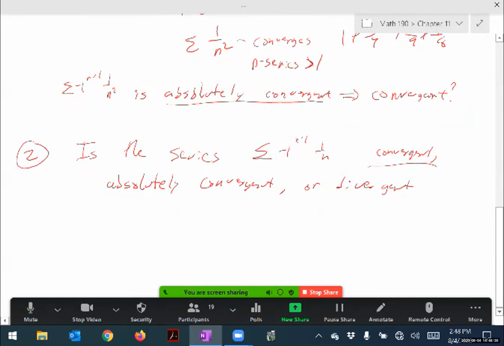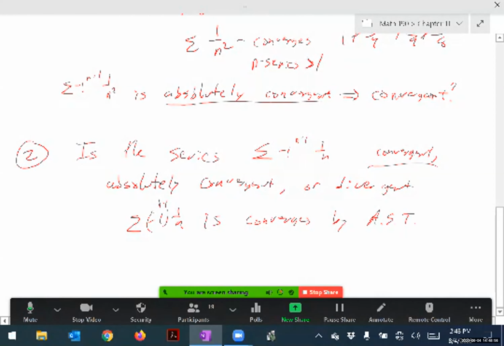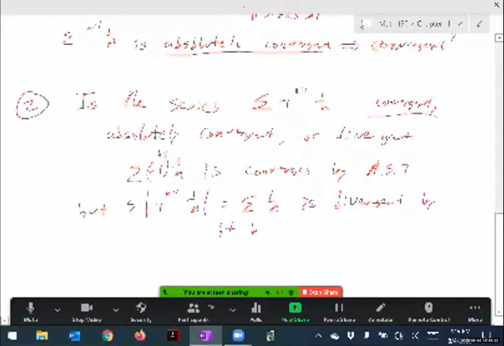The series converges by the alternating series test, AST. But the sum of the absolute value, the sum of 1 over n, is divergent because it is the harmonic series.